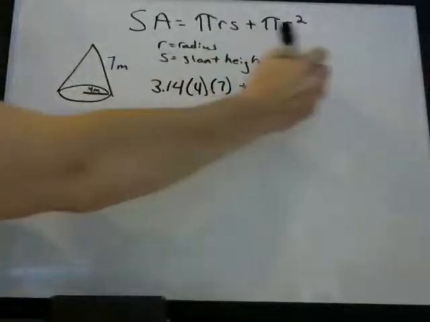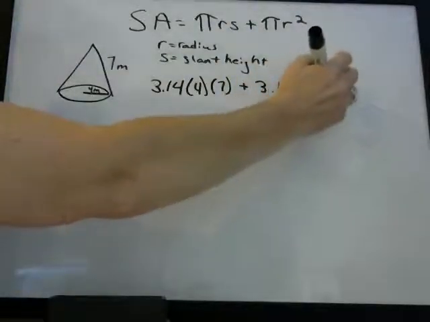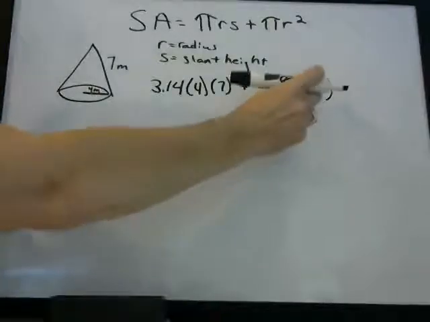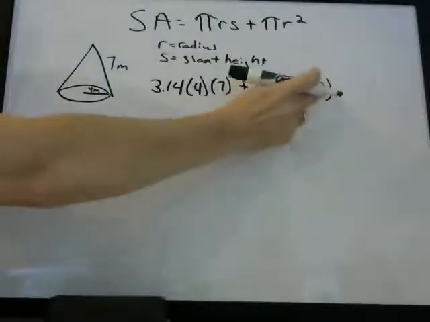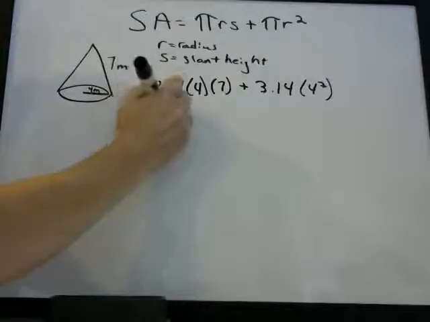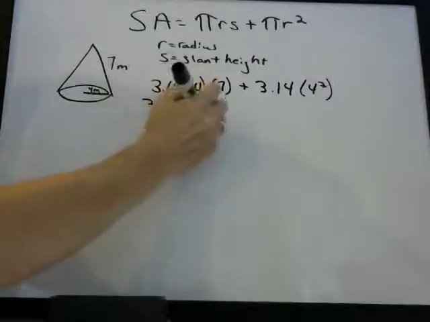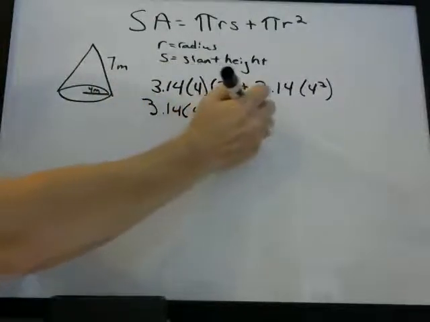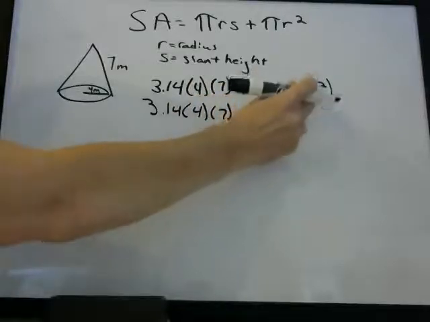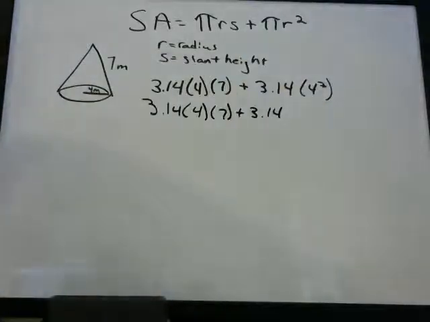So 4 squared. Remember, in order of operations, you always do exponents first, so we have to do 4 squared first. We just rewrite 3.14 times 4 times 7 plus 3.14 times 4 squared. 4 squared means 4 times 4, which is 16.